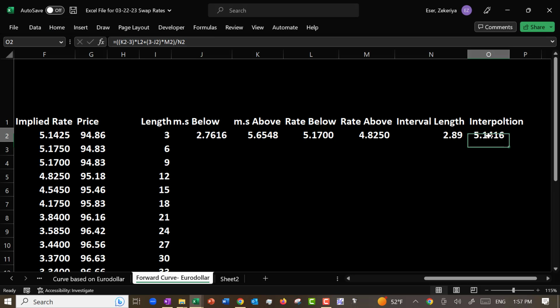So since I'm doing 3, this 2.76 data point should take a higher weight, right?